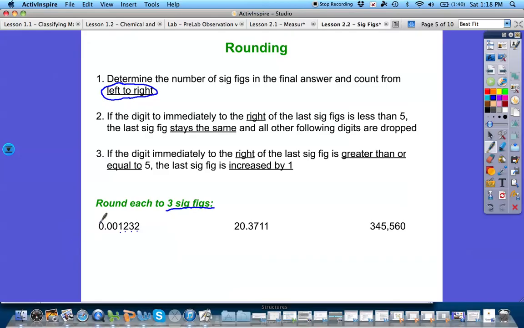But we only want 3. So we're going to start on the left side at the first non-zero, and we have 1, 2, 3. The number immediately to the right is less than 5, so the last one stays the same and the rest are dropped. So our final answer is 0.00123.